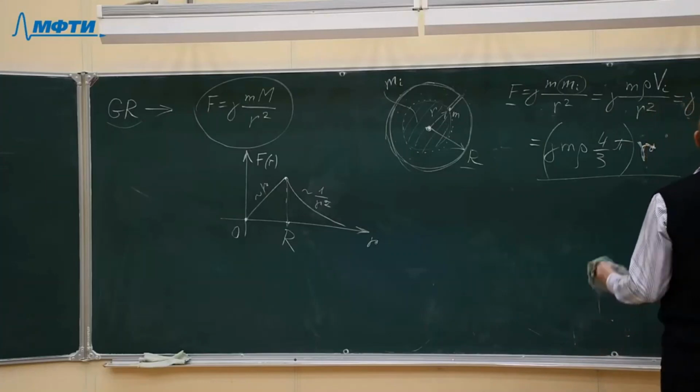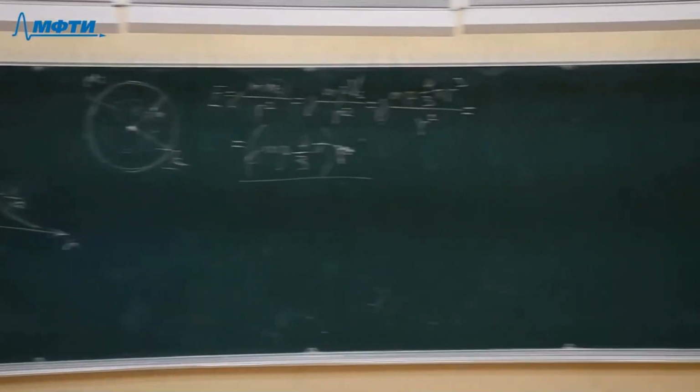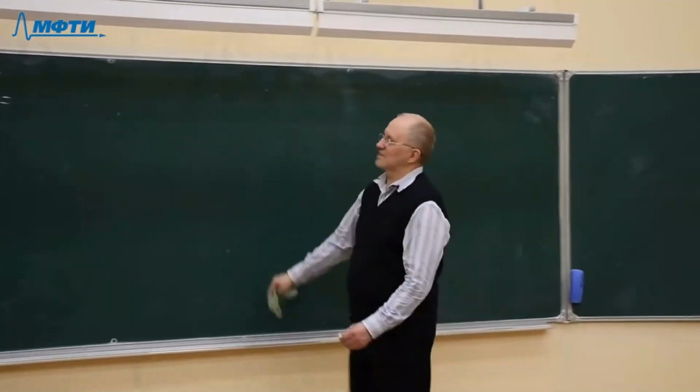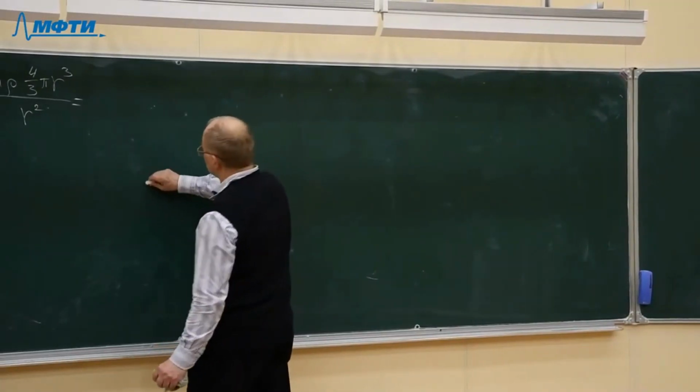And now we will be ready to solve the problem which was mentioned during the last lecture. After all these derivations and results obtained, it will be easy to solve the problem.